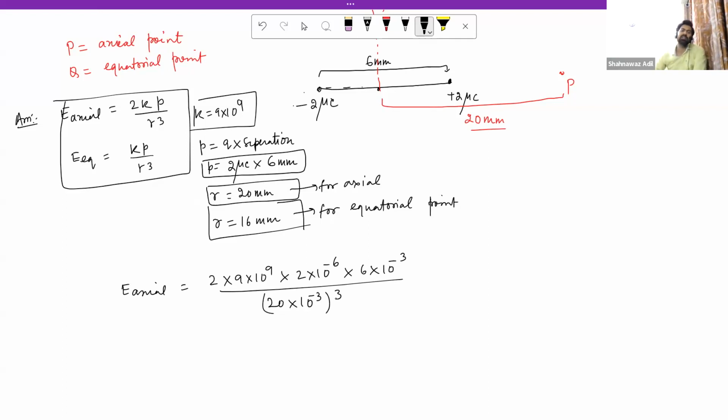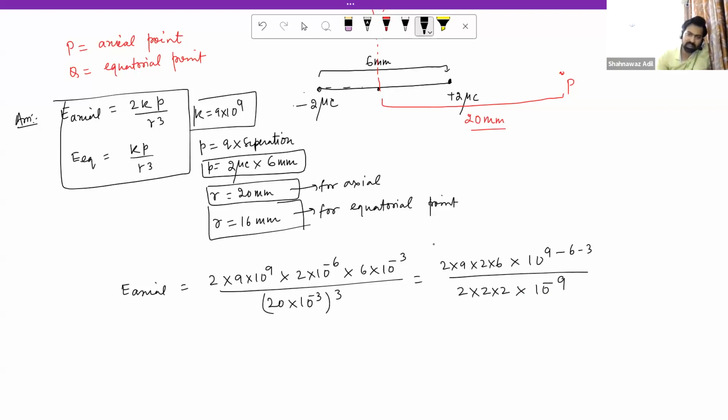So this is the electric field at the axial point. This is 2 into 9 into 2 into 6, and 10 to the power 9 minus 6 minus 3, divided by 20 into 10 to the power minus 3 cubed, which would be 2 into 2 into 2 into 10 to the power minus 9.